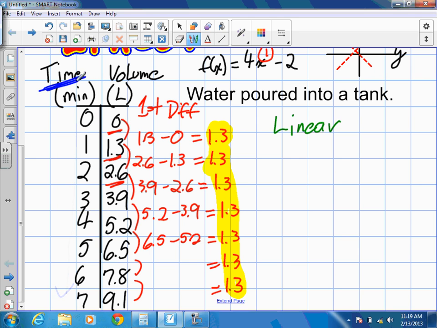The other thing, no matter what it is, in this case it's volume, will be our dependent. Because there's nothing we have really on Earth that's going to affect time. We're not going to slow or speed up time. Time will always be the independent variable, and an independent variable always goes on the x-axis. The dependent variable will go on the y-axis.